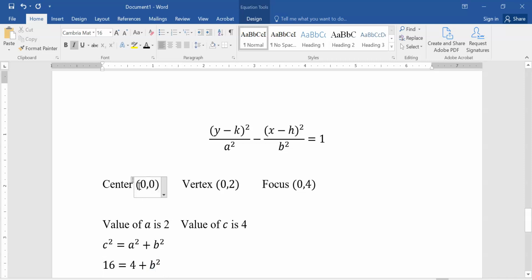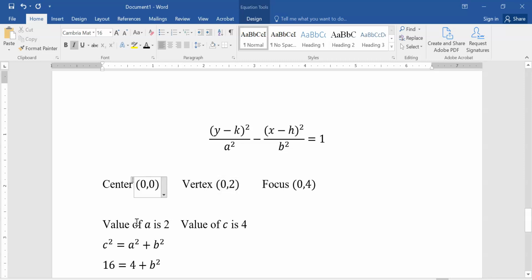Now here's what we know. We know the center is (0, 0). So that'll tell me what the h, k is. Both are 0. The vertex being (0, 2) tells me that the value of a in this situation is 2, because that's how many units I moved my y value to get from the center to the vertex.